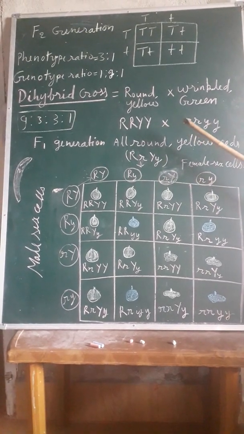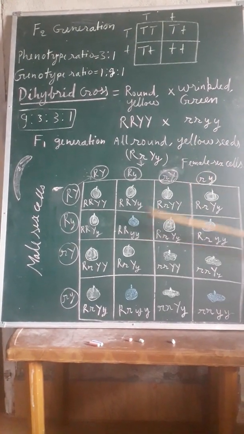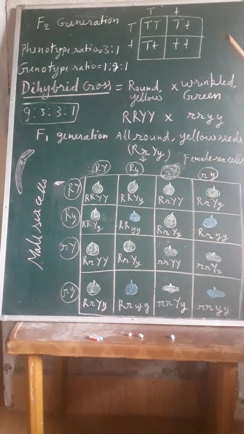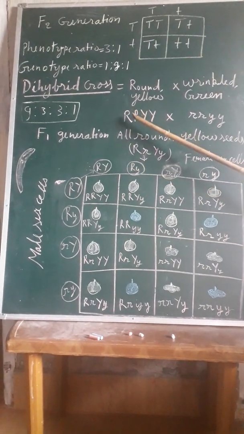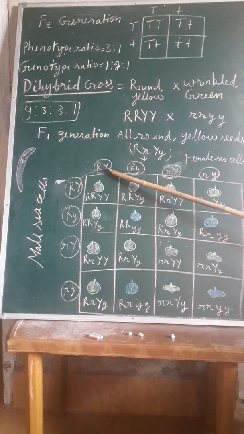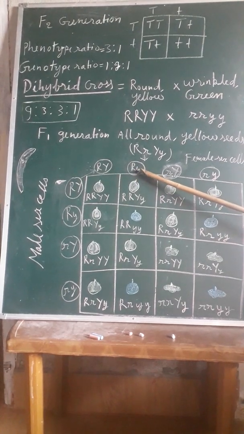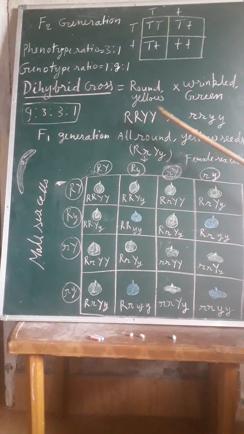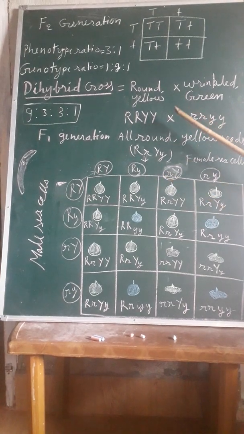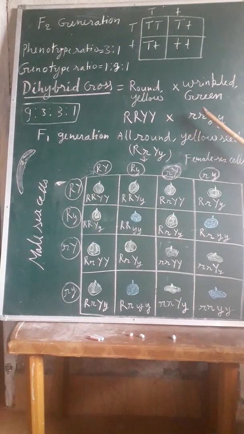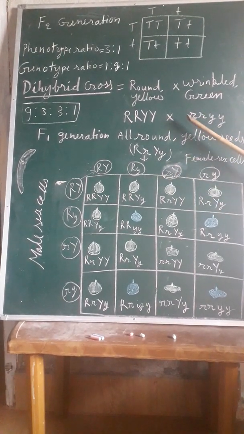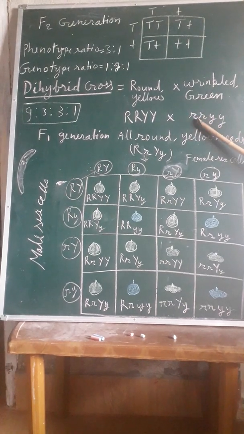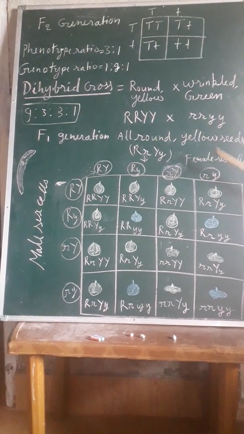So the gametes for this experiment were prepared in this form: capital R, capital Y; capital R, small y; small r, capital Y; and small r, small y.